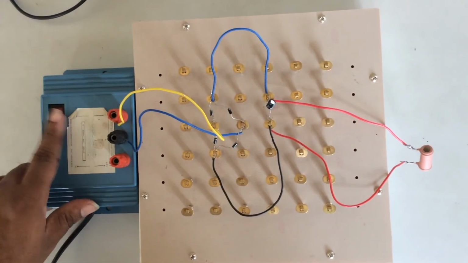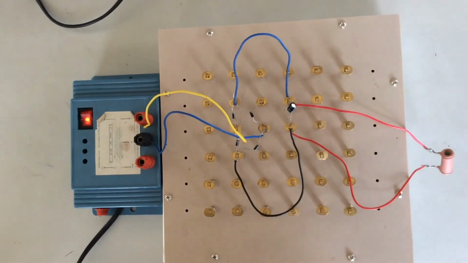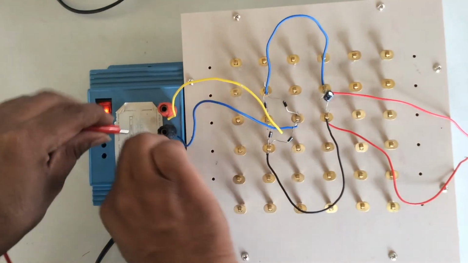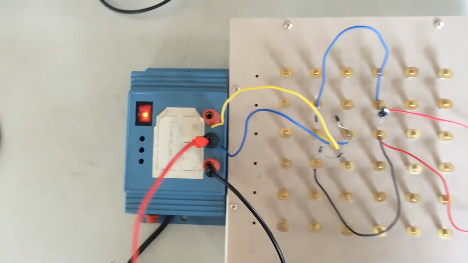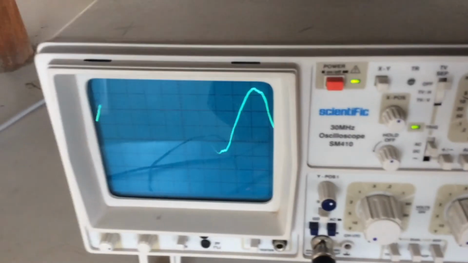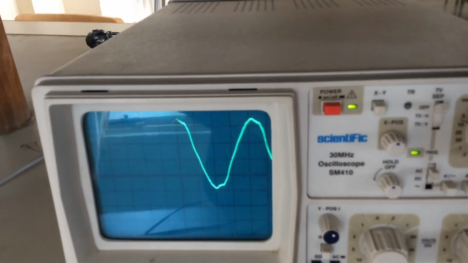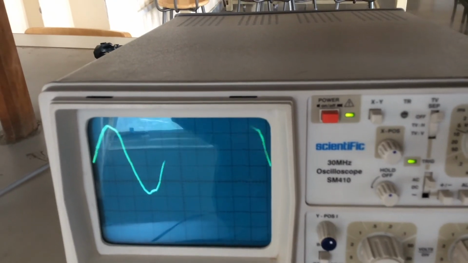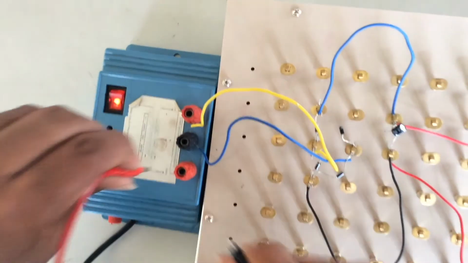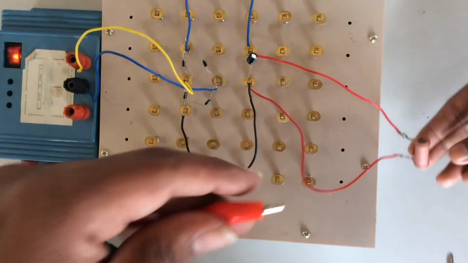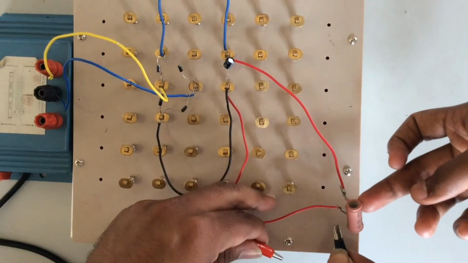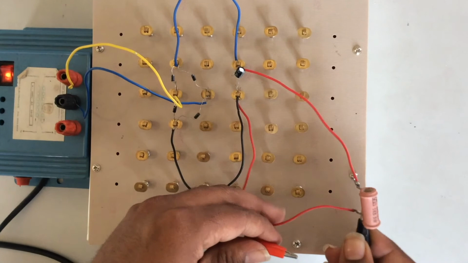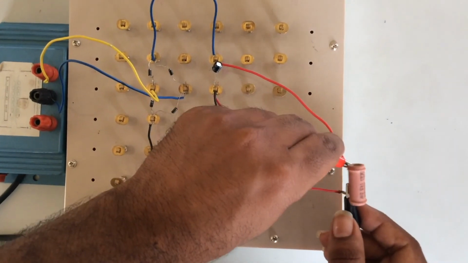I am switching on this transformer and let us see the input. Again, the input is a purely sinusoidal waveform which contains both positive and negative cycles. So quickly, let us see the output. To see the output, I will connect this across a resistor or a load.